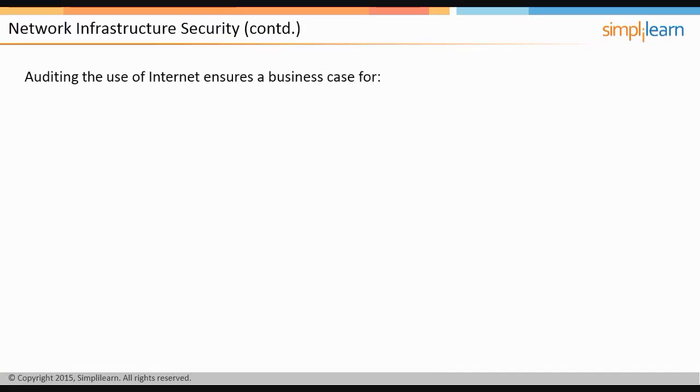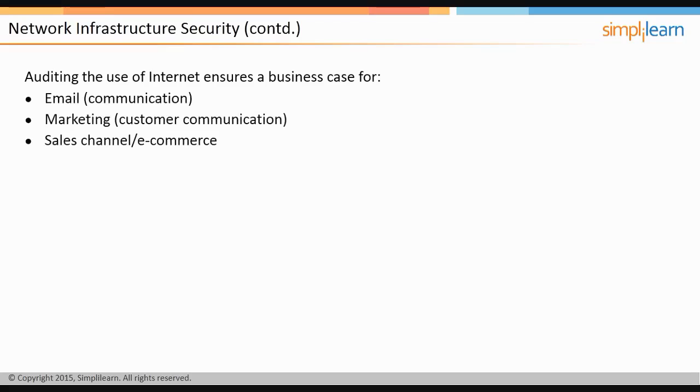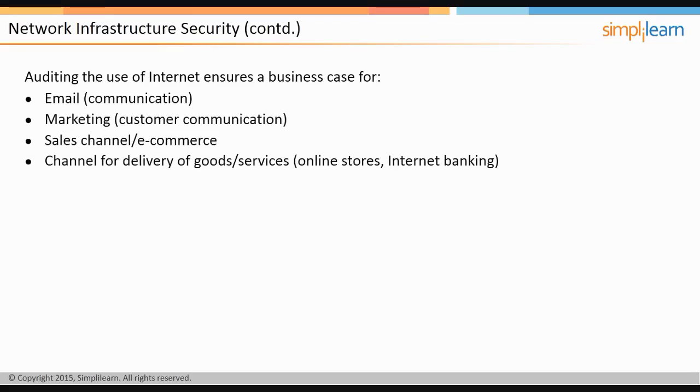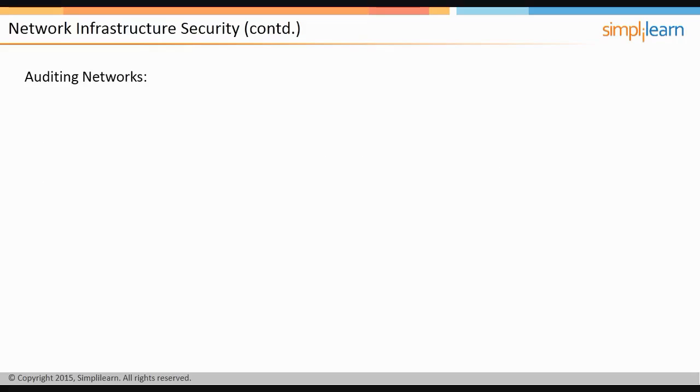Auditing use of the Internet involves ensuring a business case for email, communication, marketing, customer communication, sales channel or e-commerce, channel for delivery of goods and services, online stores, Internet banking, and information gathering, research. Auditing networks: review network diagrams to identify networking infrastructure and network design.